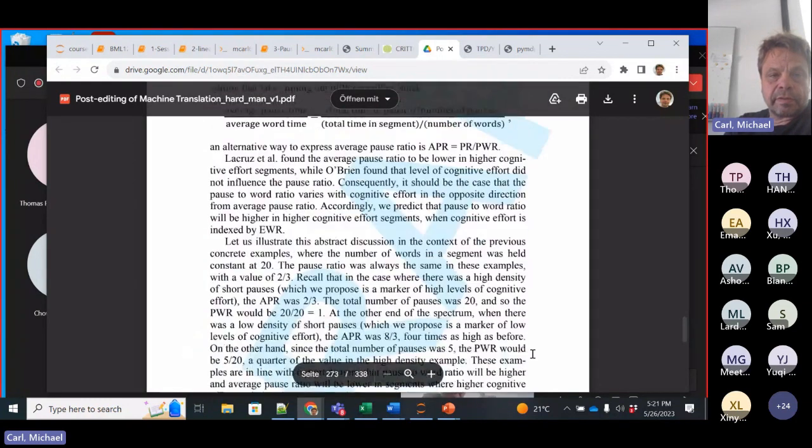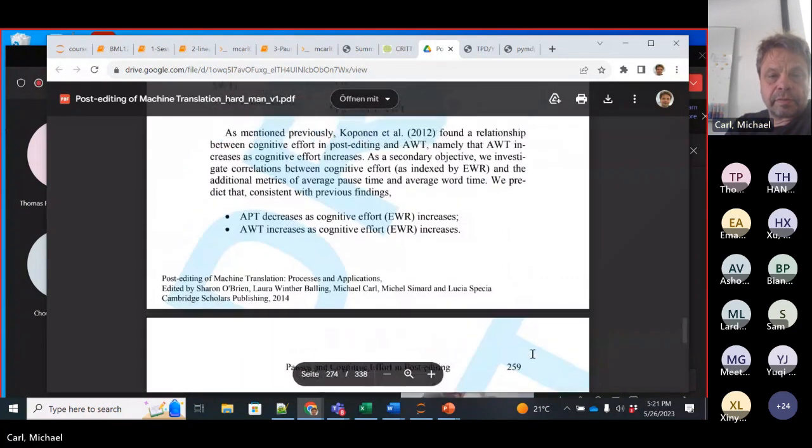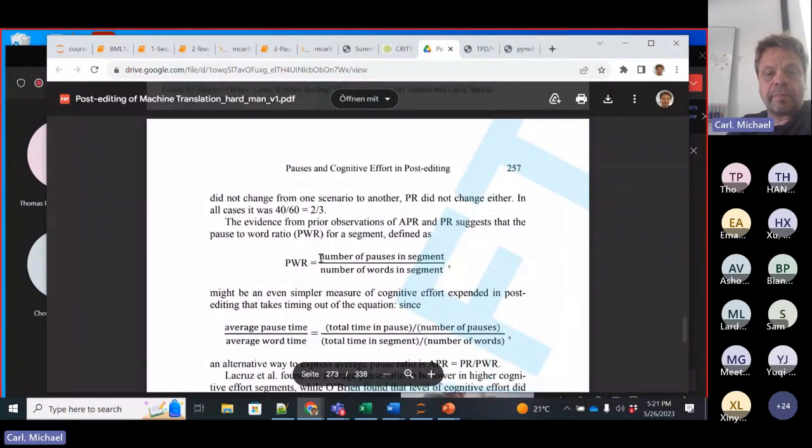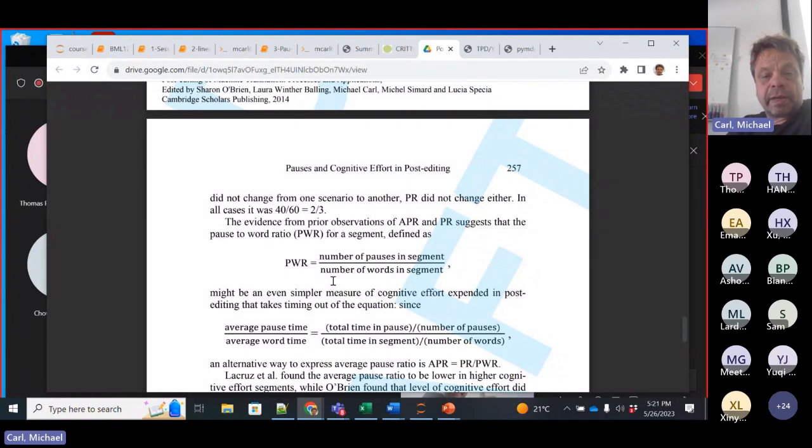So where was it? Here, right? Pause to word ratio: number of pauses in a segment divided by the number of words in a segment. So I want to look into this now and see how we can address this in our data.